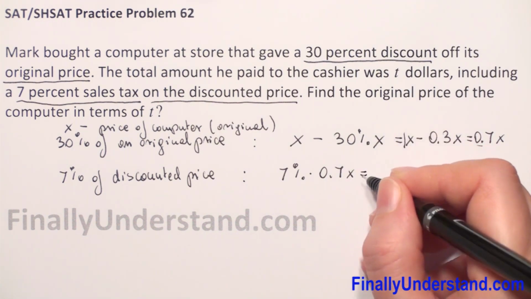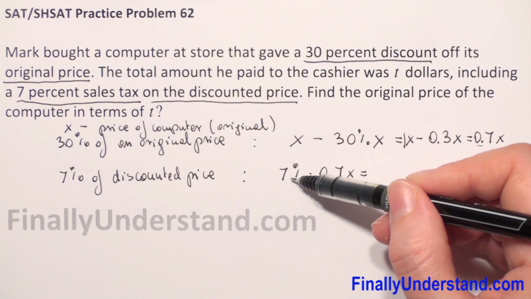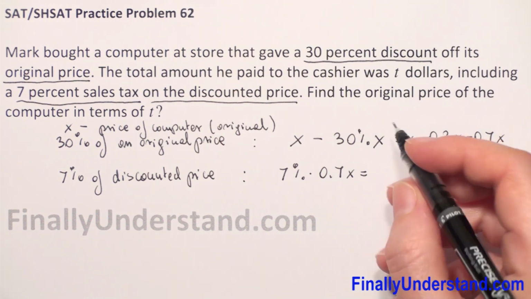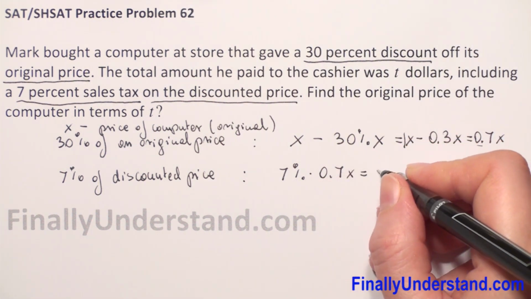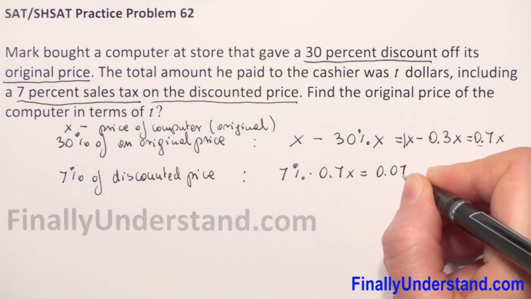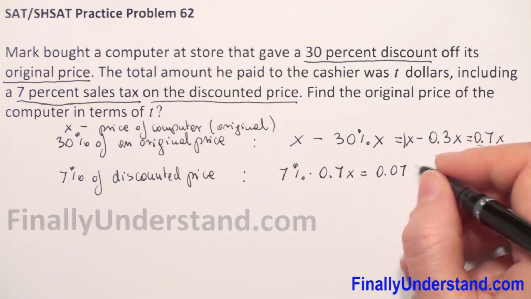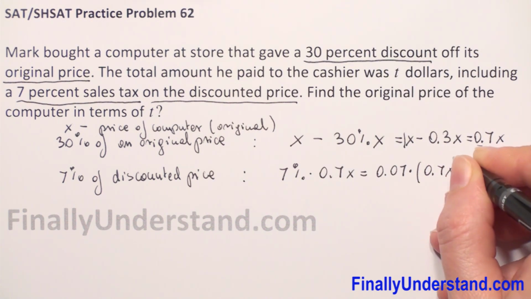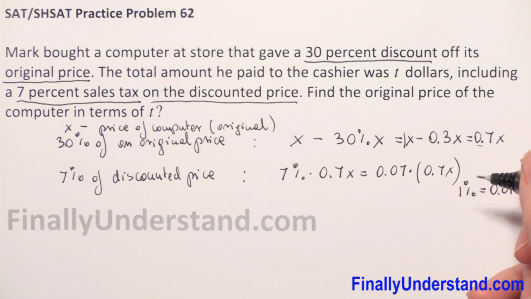So this is equal. Again, we will change the percent to a decimal. We know that 1% is 0.01, so 7% will be 0.07 times, and we copy in parentheses 0.7X. So now we will write the equation.